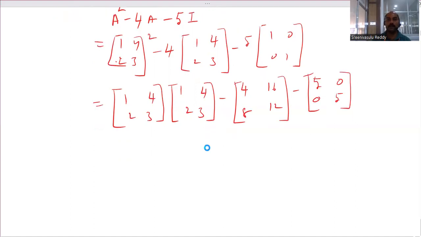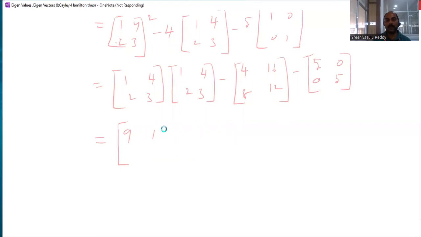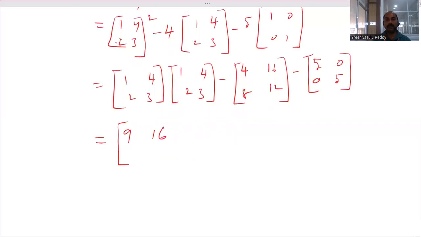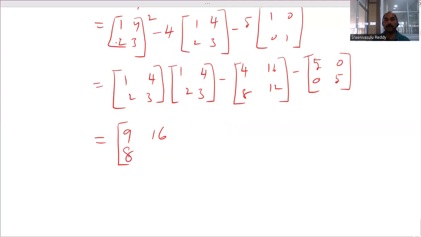That's all. Now multiply the first matrix. 1 into 1 plus 4 into 2 is 9. I am writing directly. 4 plus 12, 16. Our ultimate goal is to show that the resultant matrix is equal to the 0 matrix. 2 plus 6, 8. Then 8 plus 9, 17.